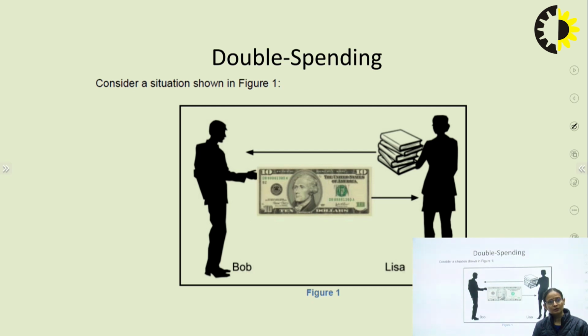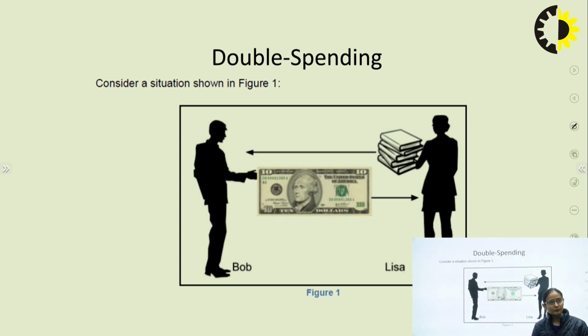In this figure, it is showing the double spending problem, which we have seen this term in the earlier slides. So here we have two persons. Sender is Bob, and on the receiving end we have Lisa. Bob is purchasing some books from Lisa, so he is using some kind of currency with Lisa to purchase that book.